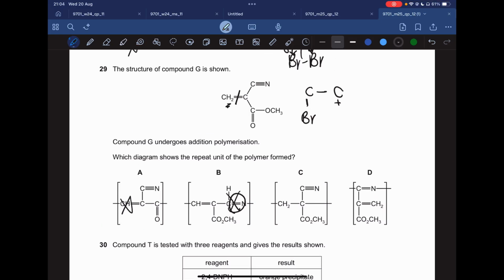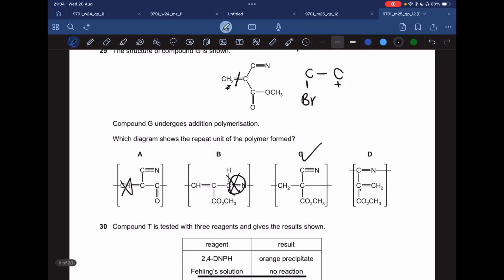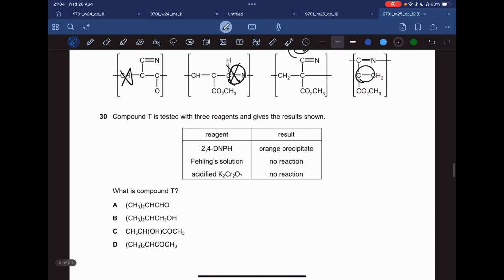It's your CH2, it's still a CH2. Because the double bond breaks, that will form the extra bond. The H stays. This is correct. And for this one, you can see it's not breaking that double bond. It's an alkane double bond that you're breaking.